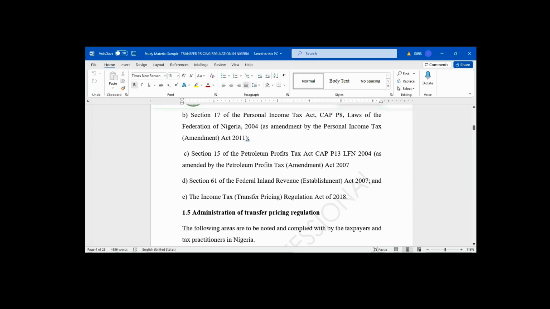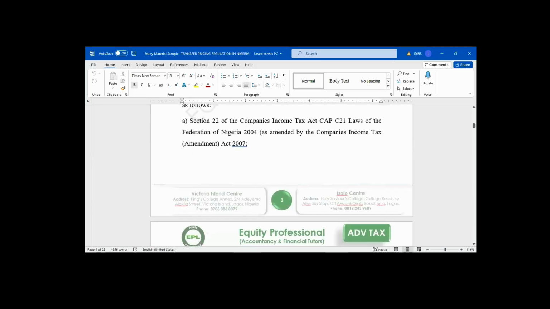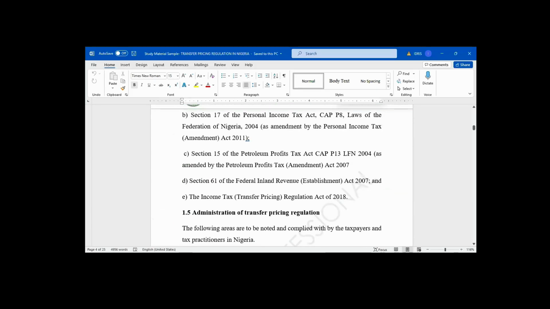The last legal framework that we have on transfer pricing is the Income Tax Regulation Act 2018. Some people call it the Transfer Pricing Regulation Act 2018. Sorry, Income Tax Regulation Act 2018 or Transfer Pricing Regulation Act 2018.